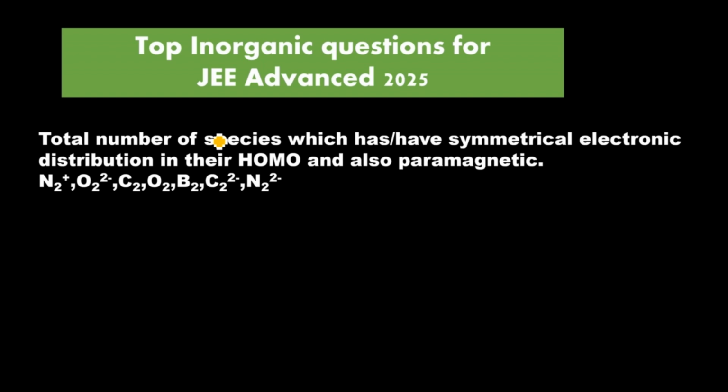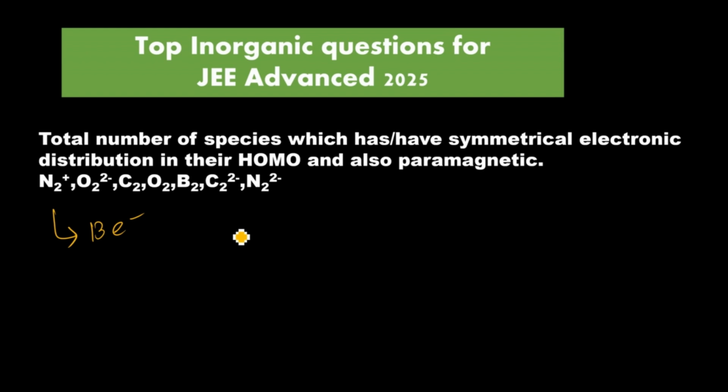Total number of species which have symmetrical electronic distribution of HOMO and are also paramagnetic. Both the things we have to know. So what we have over here is N2 plus. N2 plus will have 13 electrons, isn't it? Which will have sigma 1s2, sigma star 1s2, and the same for sigma 2s, sigma star 2s.